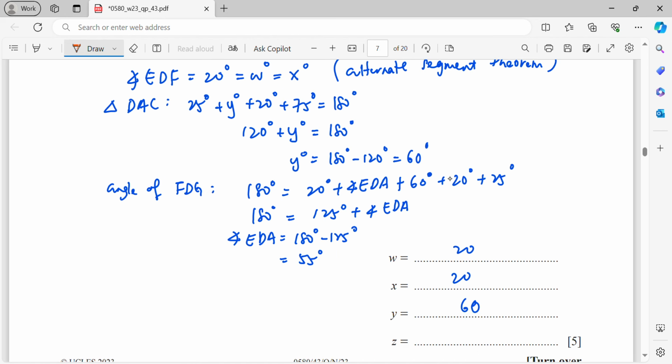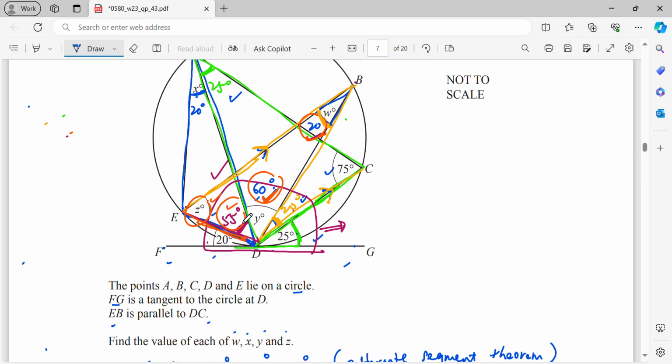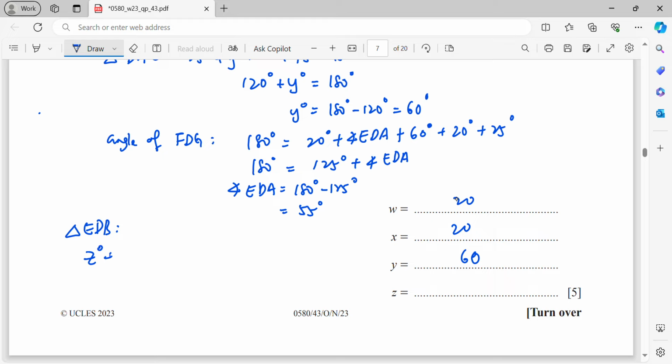So it will be Z, 55, 60, 20, and it will be 180 degrees.